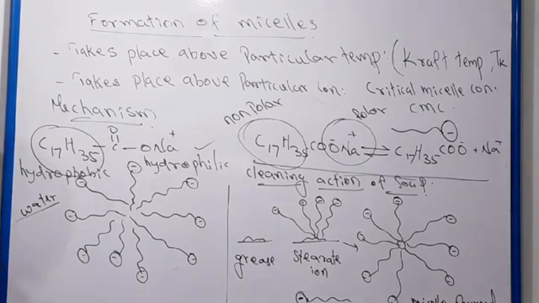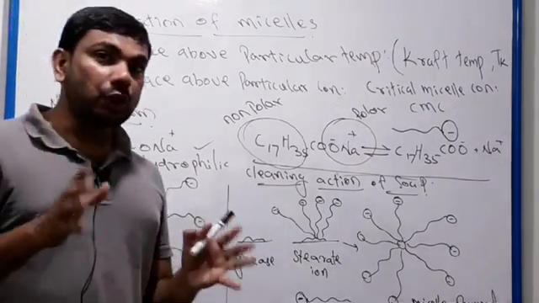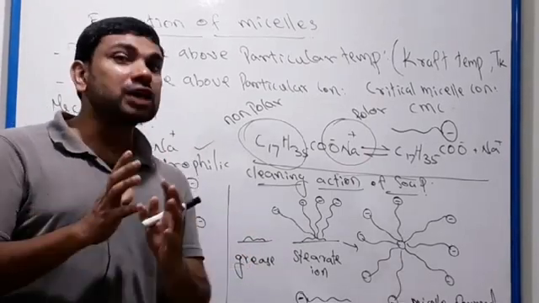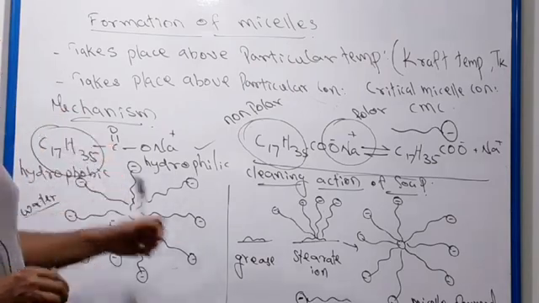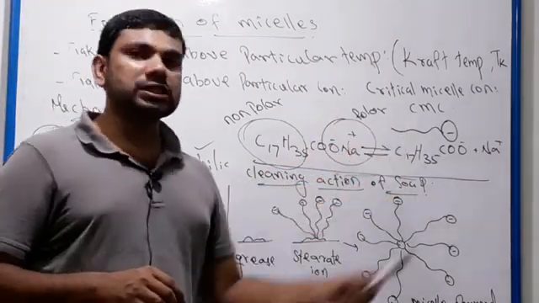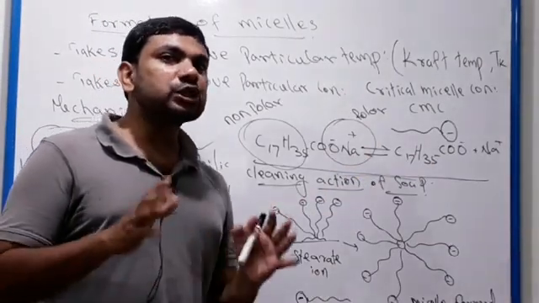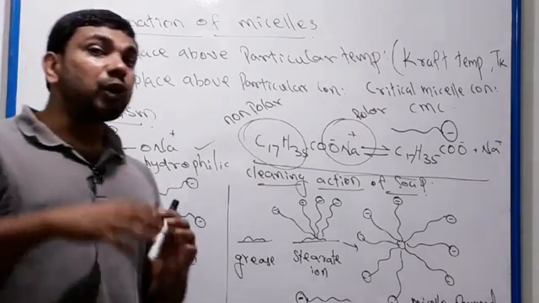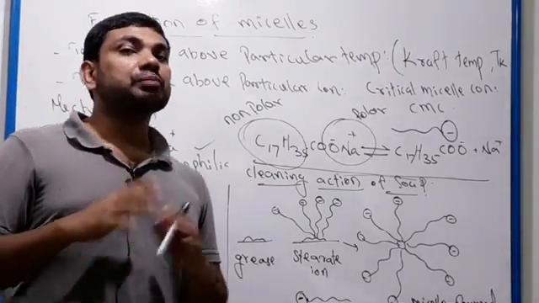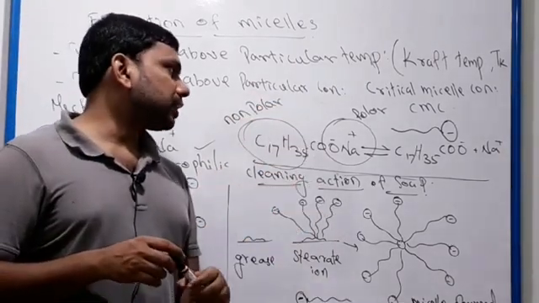Another one: formation of micelle takes place at a particular concentration. Soap needs a particular concentration to form micelles. That particular concentration is called the critical micelle concentration, or CMC. Formation of micelle takes place above this particular concentration.